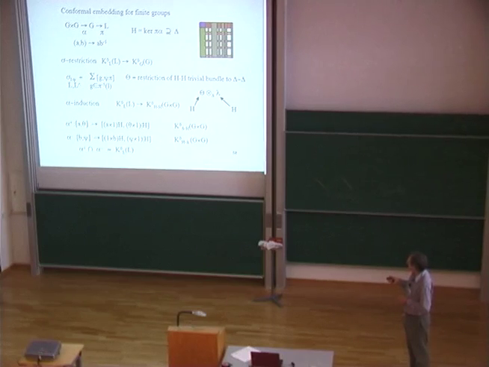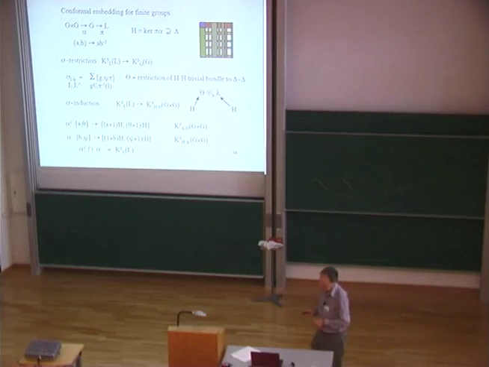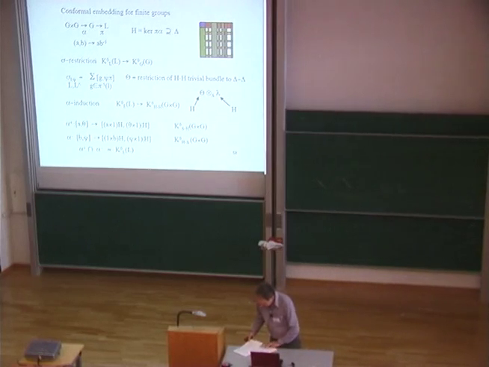For example, the intersection of these two K groups, which would be the blue part, is exactly this extended system here.